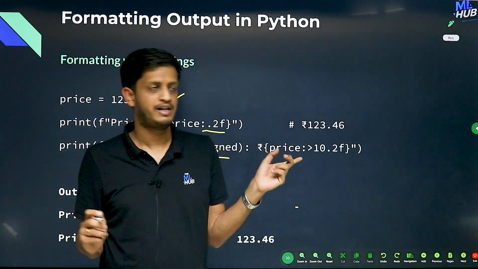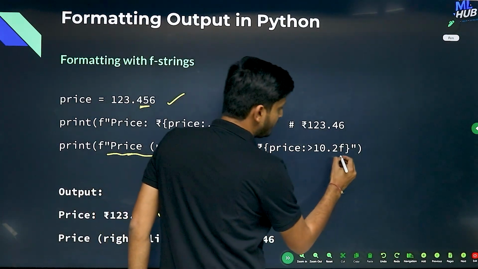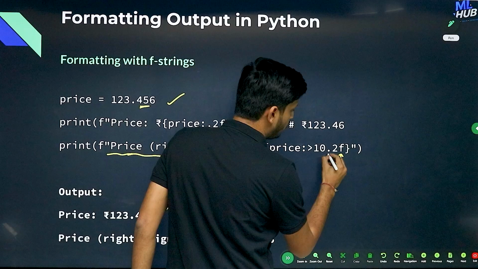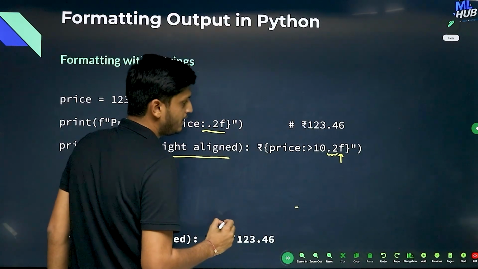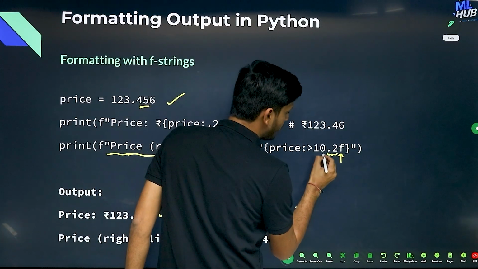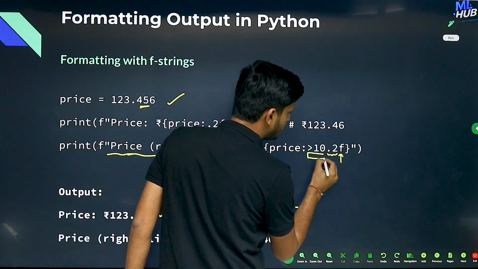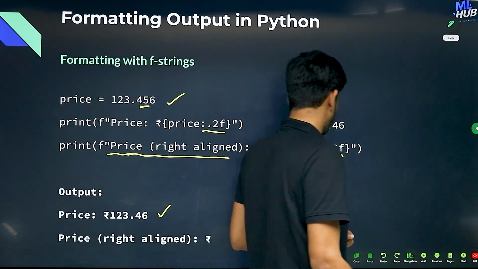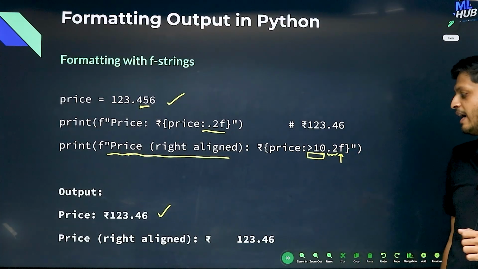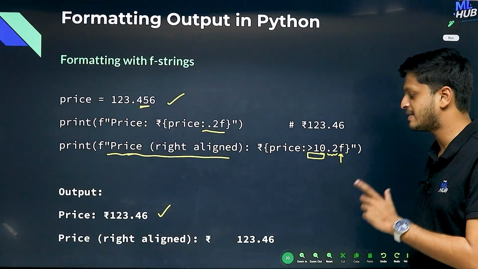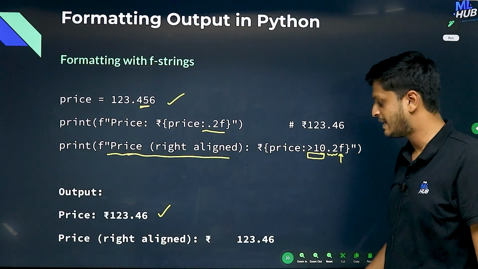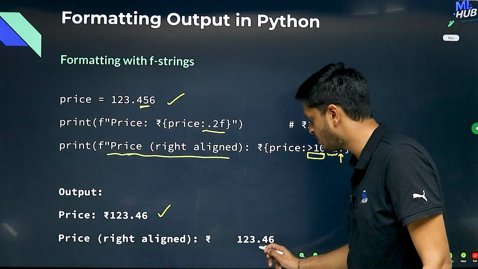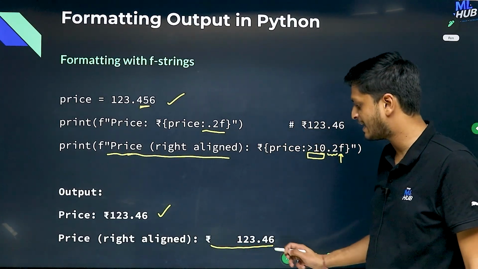Let me explain in detail what is happening here. It's a floating point number, I want only 2 digits after the decimal point, and we are saying you also have to right align it and it should take exactly 10 places. So this entire number takes exactly 10 places.